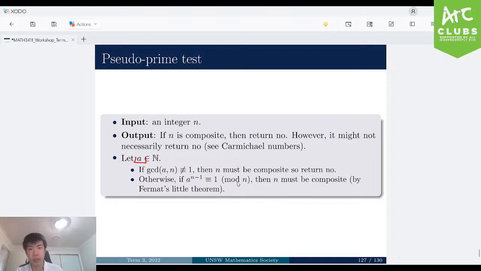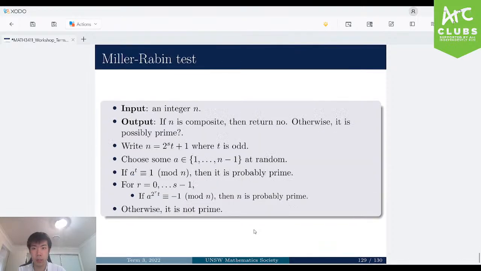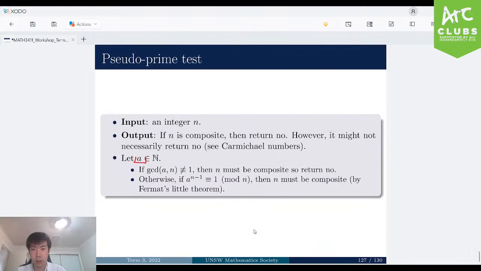If it is, then n must be composite, by Fermat's little theorem, all right? Is that correct? I thought it should be, then n must be prime. Let me have a look. I believe there may be a slight error here. Let me have a look.